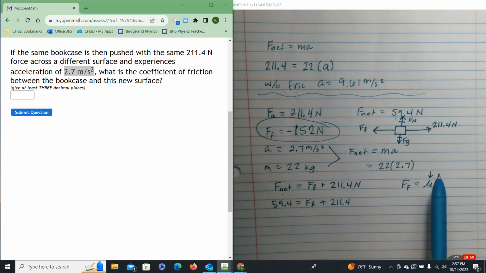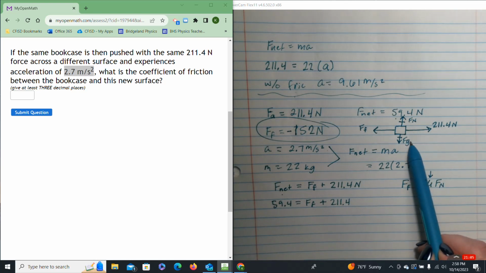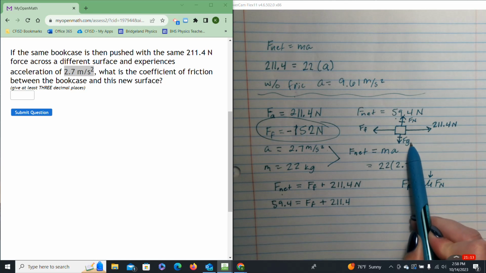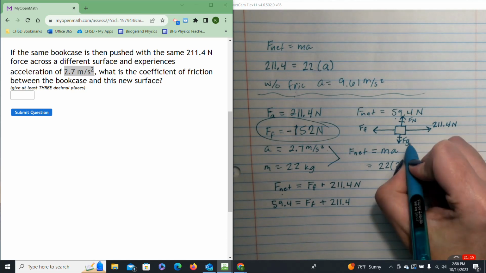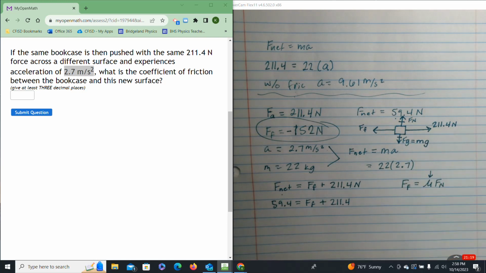And I don't actually have that written down on my paper yet. The only thing I have on my page right now about Fn is that it exists, and that it's equal and opposite to Fg. So I have a normal force, but I don't have an equation to find normal force. I do, however, have an equation to find Fg, and I know that Fn is equal in magnitude and opposite in direction, so if I find Fg, I will have found Fn. Again, if you're trying to find normal force, this is normally how you go about doing it.